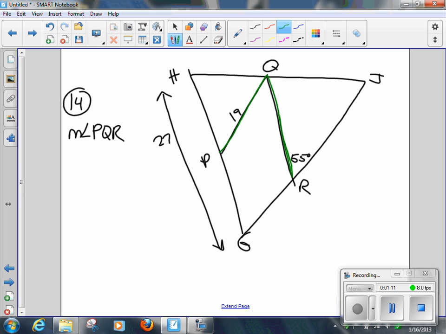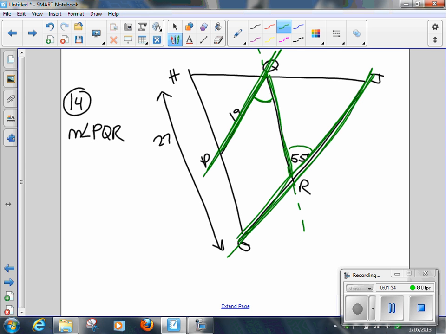PQR, okay? If you're looking at these lines right here, I sure wish I could use that highlighter tool. If I extended that, then folks, what kind of angle is this going to be? If that's 55, then what's that one? 55.